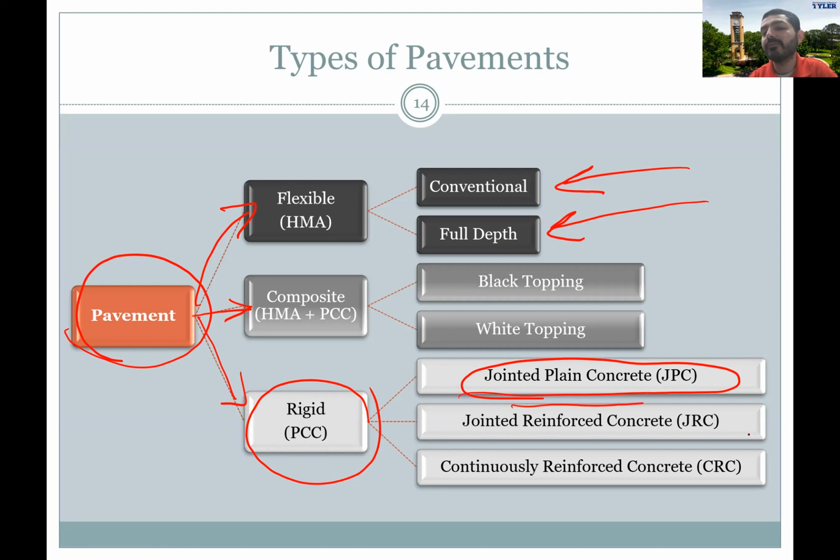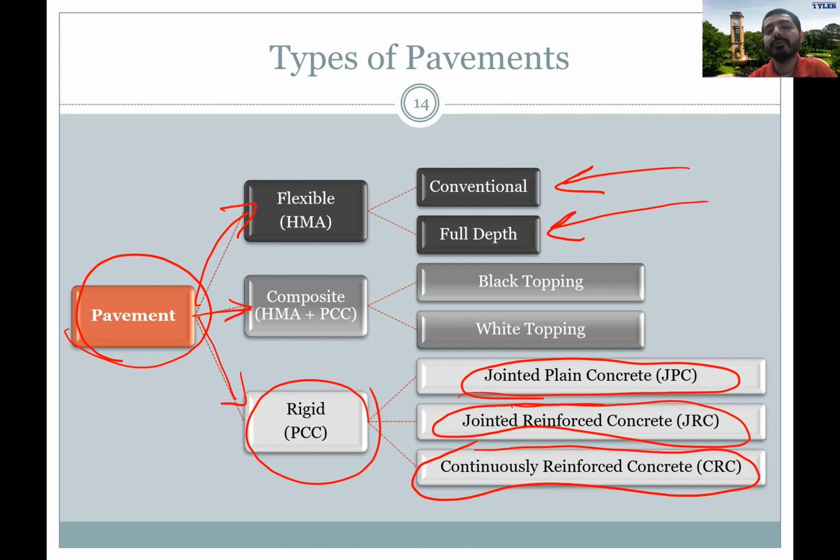Or we can have some reinforcement, which we call jointed reinforced concrete, or we can have continuously reinforced concrete, which is fully reinforced concrete, same as if you are designing a slab, and now the joint length is almost limitless.